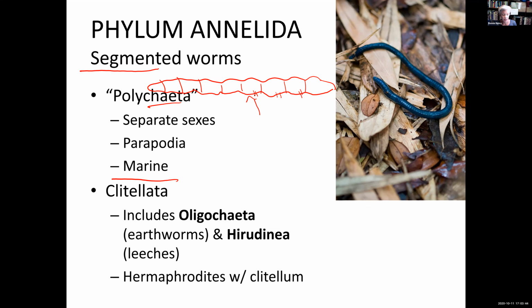The oligochaetes, which is the class name for earthworms, have few chaetae or few setae. The polychaetes have a lot. Some of these organisms in this group are things that we call bristle worms, reflecting the amount and size of the chaetae that they have.